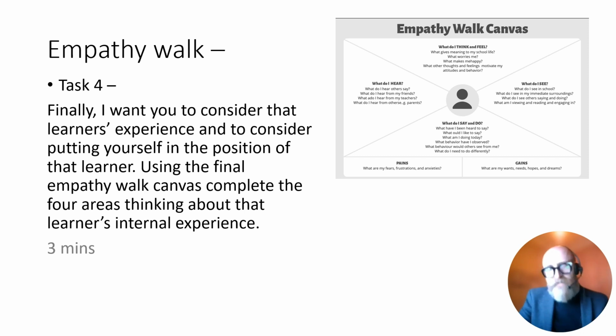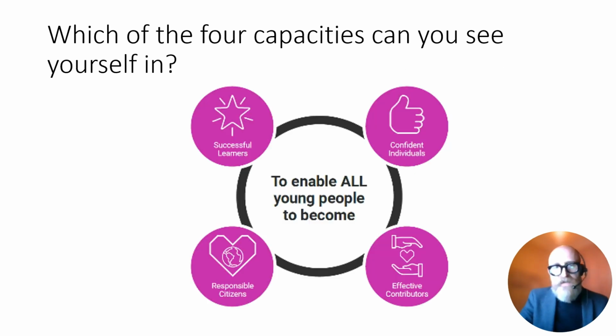Ask the question to those in the room, that young person whom they're now embodying and thinking about that experience: how many of the four capacities could that young person identify as? Which of the four capacities do you see yourself in? And by you, we're placing ourselves right in the shoes of that learner.